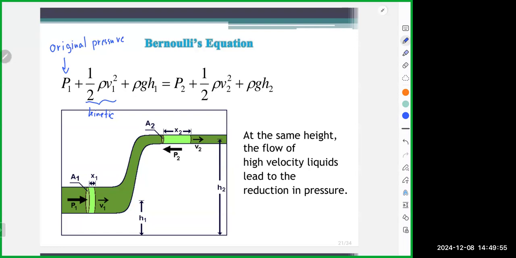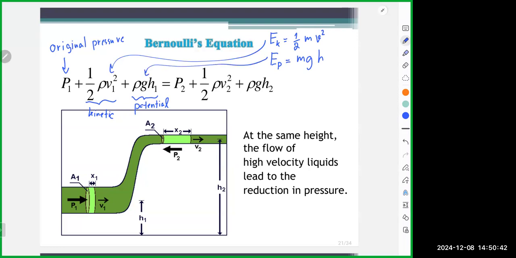And here, rho g h is the potential one. If you compare to the energy law, the kinetic energy is half mass v squared, right? And the potential from gravity is m, g, and h. You just change from mass into density. And you get this.